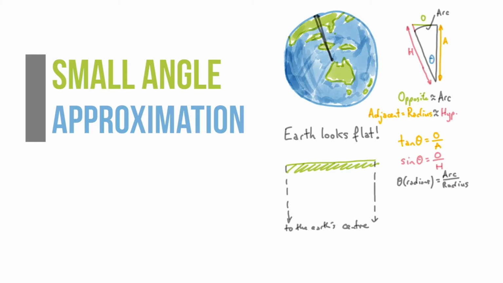So we can see that all these three things are equal. So tan theta is approximately equal to sine theta, which is approximately equal to theta in radians, which is also equal to the arc length over the radius.